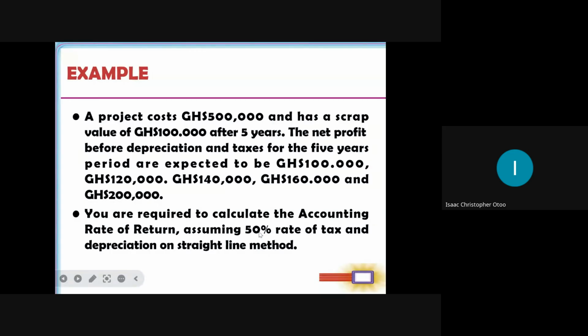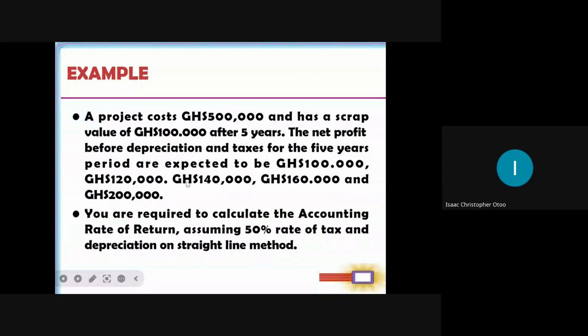So what we are going to do is take 50% of each profit. When you go to the first year, 100, 50% of that will be 50,000. So you have to deduct 50,000 from 100,000. Then 50% of 120 is 60, then 70, 80, 100.